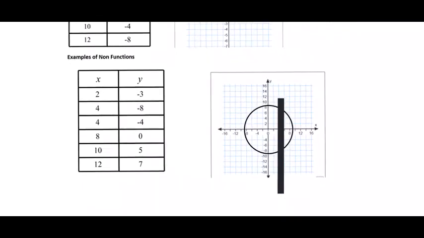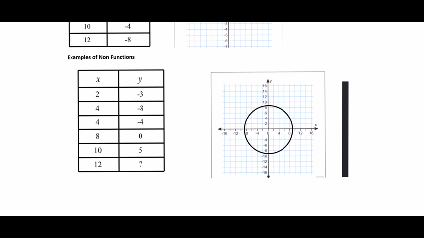Again, we'll take a look at a table of values, and we'll go through the table, and remember, a function for a table must have unique x values. There must be exactly one x value for everything in this column. But you notice right away we have two of the same x's.